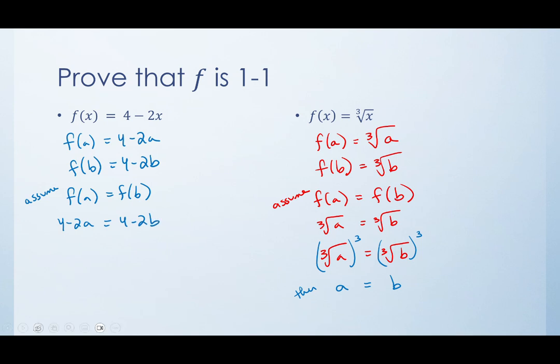Of course, the 4's are going to cancel, right? Minus 4, minus 4. Negative 2a equals negative 2b. Divide both sides by negative 2, and we end up with a equals b. So therefore, it is one-to-one for both of these functions. Okay.